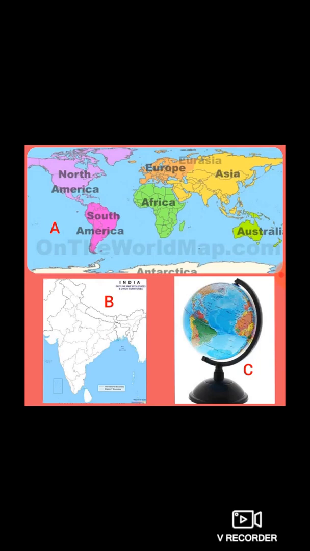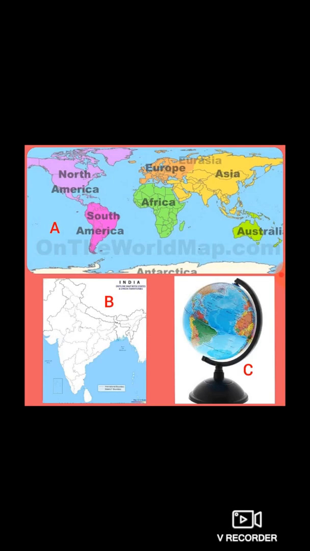In B you are just seeing India. In C you are seeing one side of the globe; the back side you cannot see. But in A, can you see everything? Yes, so figure A, the world map, allows us to see the entire area of the earth at the same time.